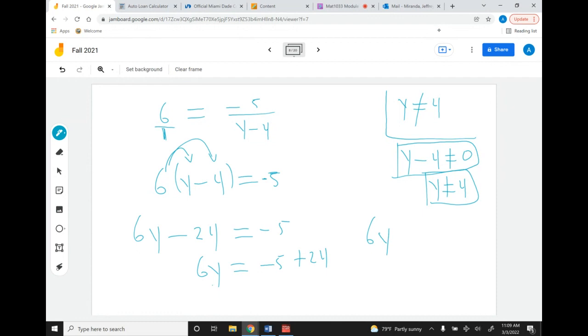And I'm going to end up with, what do I end up with? 19. Okay. Divide by 6. And there it is. 19/6. That is my solution, because the only one that was excluded from possible solutions was 4. And clearly 19/6 is not equal to 4. So this is my solution set.